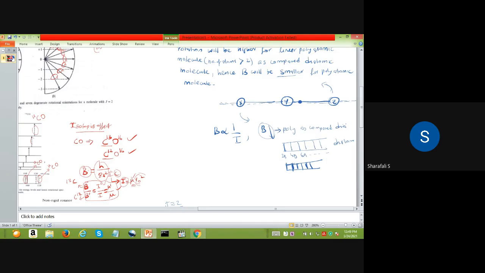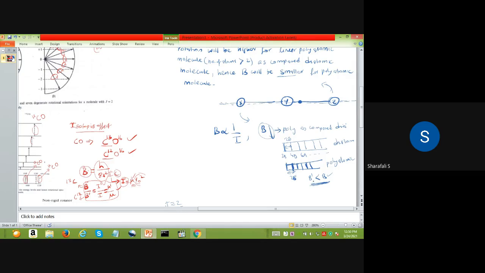Which means that if you are considering these two, you'll be having a 2B difference between these two spectral lines. But when you consider these two, you'll be having 2B dash. And this B dash will be smaller than that B for the case of a polyatomic linear molecule. So if you are considering a triatomic molecule or any other higher number of atoms, we will have B dash which is smaller than B, and this B is for the diatomic molecule.